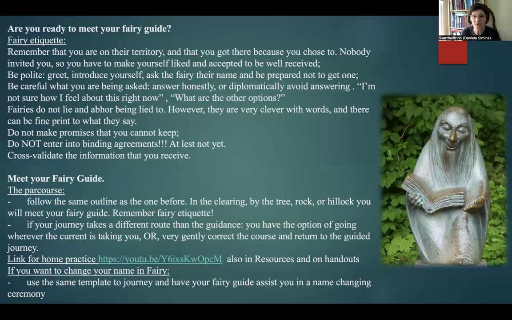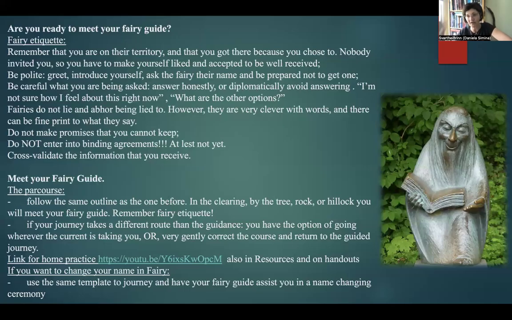In this journey, you are going to meet your fairy guide. So we're going to follow the same outline as before, but in the clearing by the rock or hillock, you will meet your fairy guide and remember fairy etiquette. If your journey takes a different route than the guidance, you have the option of going wherever the current, the stream is taking you.